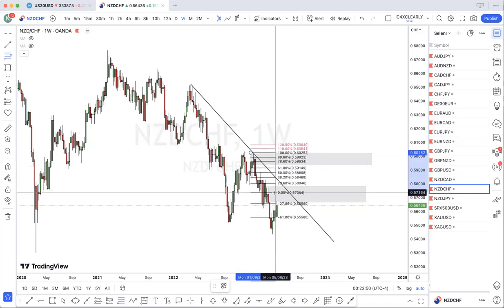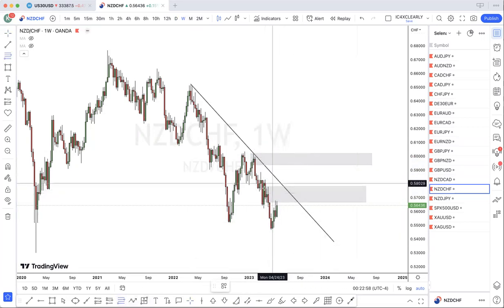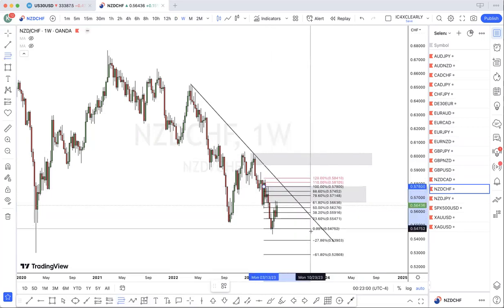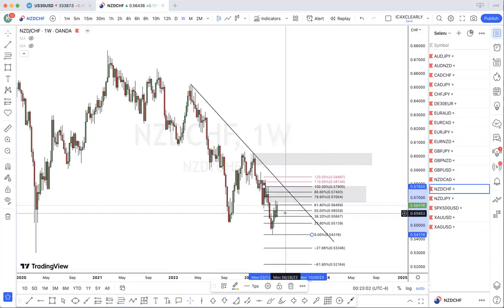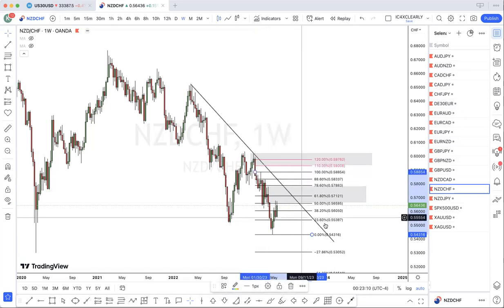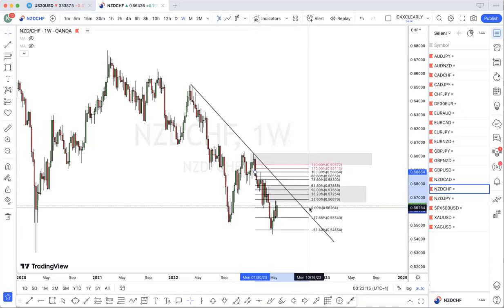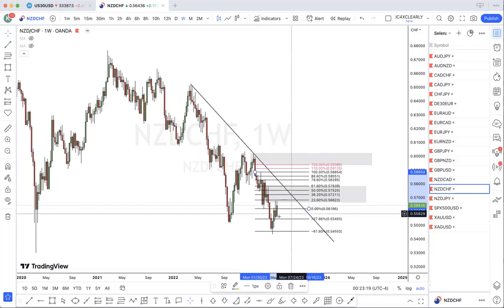So we had this push here, 50%. So that all played out. Okay. Then the next. So from here to here, technically this would be mine. I would measure this zone here and pull it back.